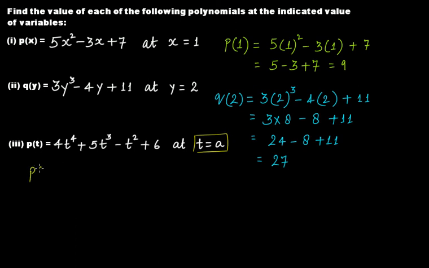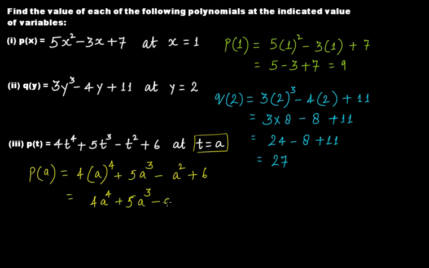So p(a) is equal to 4a raised to the power of 4 plus 5a cubed minus a squared plus 6. So this is the answer.